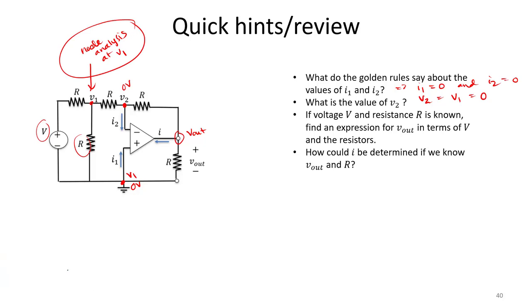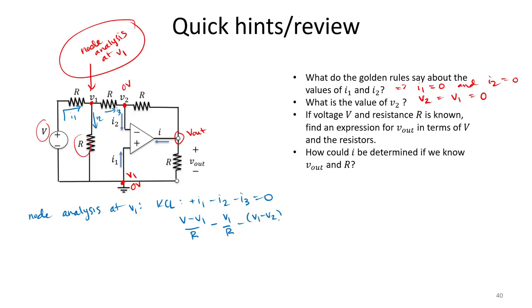And we can assume some currents. Notice if I perform Kirchhoff's current law, I can say that plus I1 minus I2 minus I3 equals 0. And I can also write that voltage V minus V1 divided by R, minus V1 over R, minus V1 minus V2 over R equals 0.